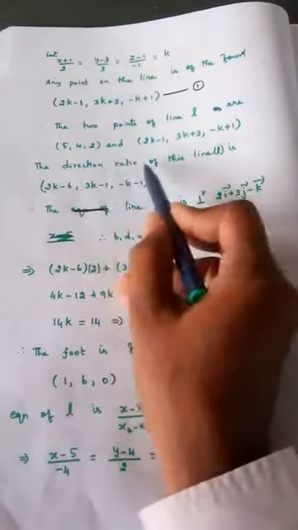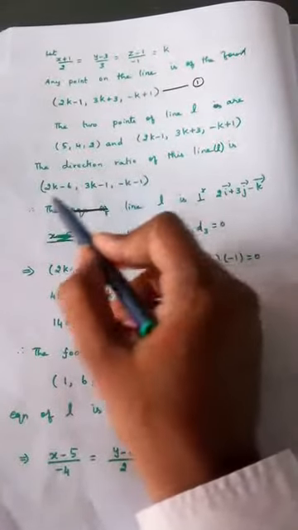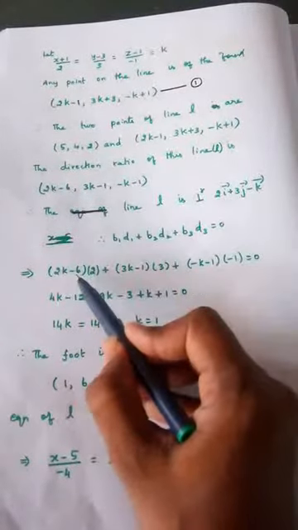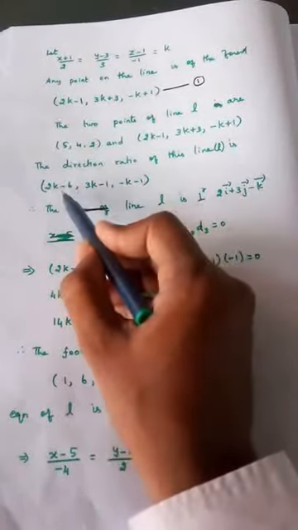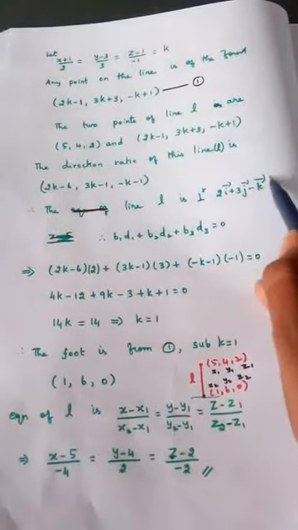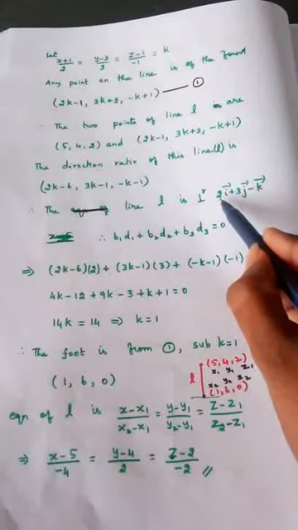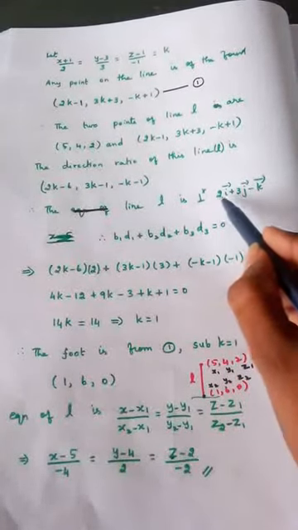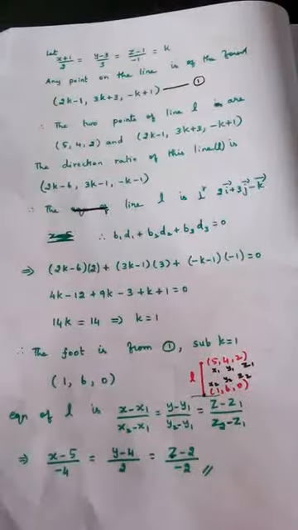This is the direction ratio, which means I can call this a parallel vector. So 2k minus 6, this is b1, b2, b3. From this I can say the direction ratio are 2, 3, minus 1, which is nothing but d1, d2, d3.